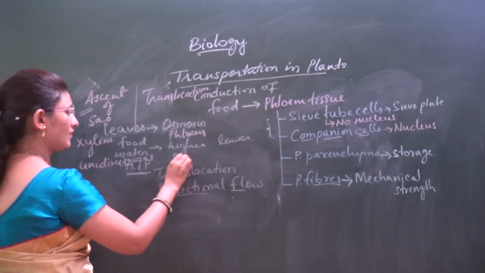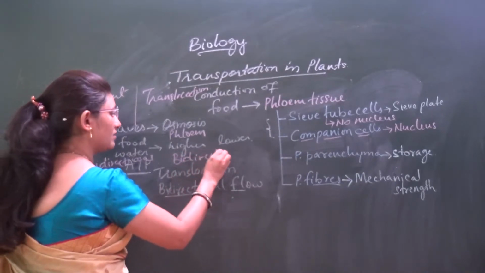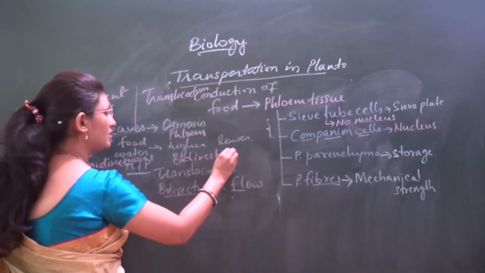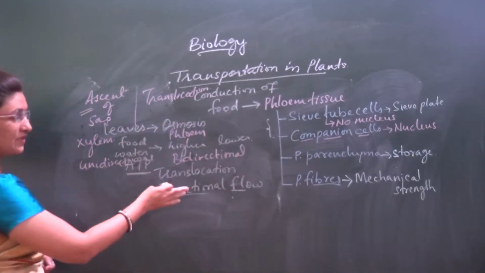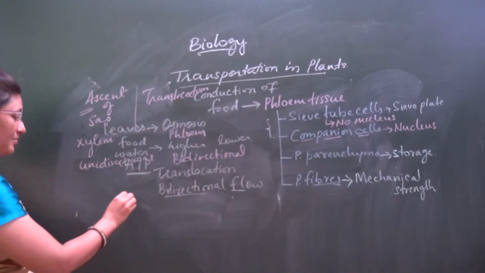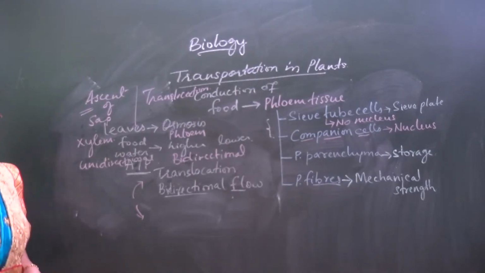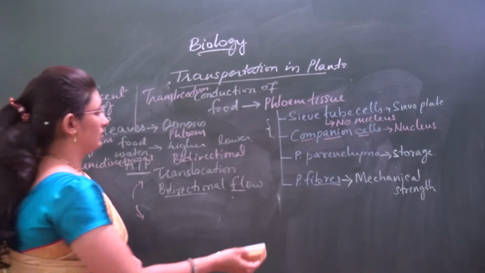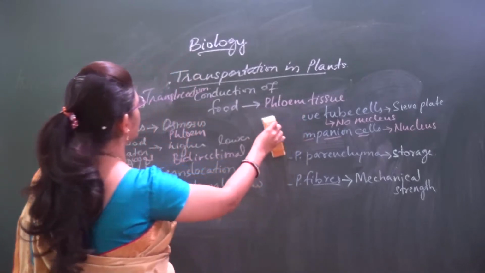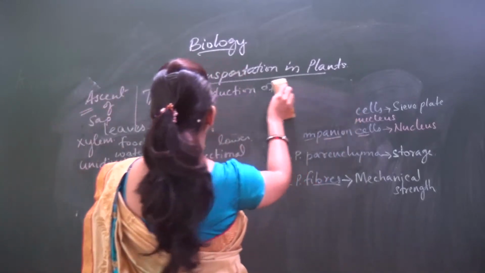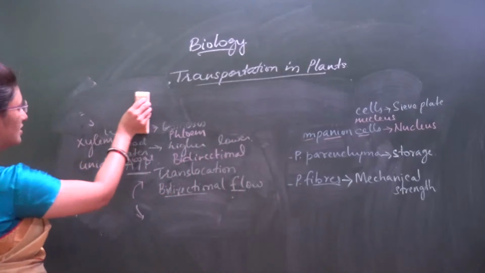Why? Because the movement of the food material to the aerial parts as well as to the roots is taking place. So the movement is in this manner, so it is a bidirectional flow. This is how the conduction of food and water takes place in plants.